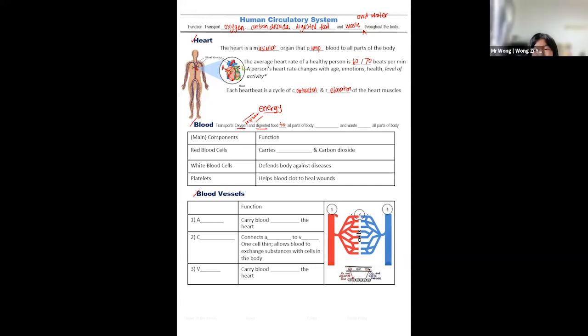Carbon dioxide. What else? Oxygen? Oxygen is produced or used? Used. So, what is produced?